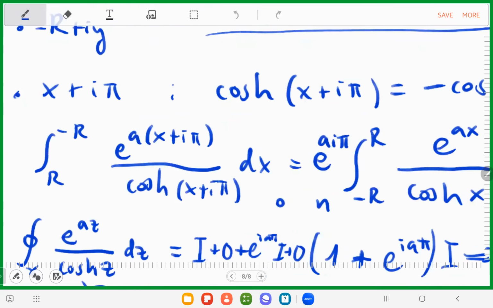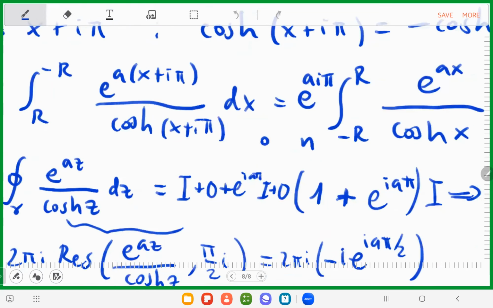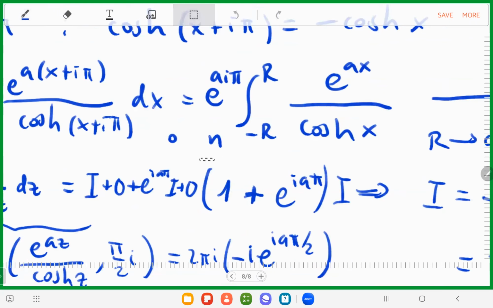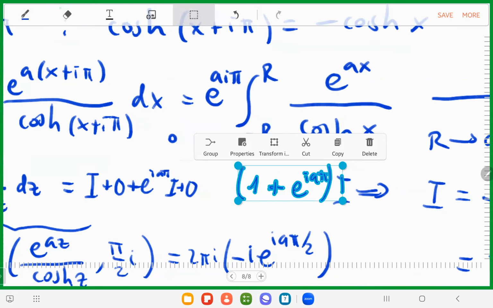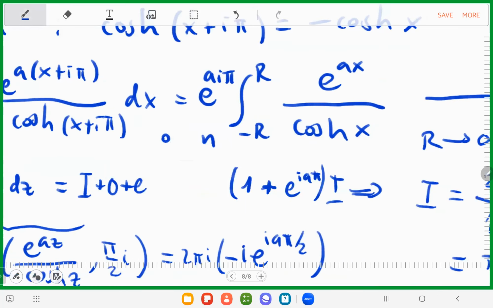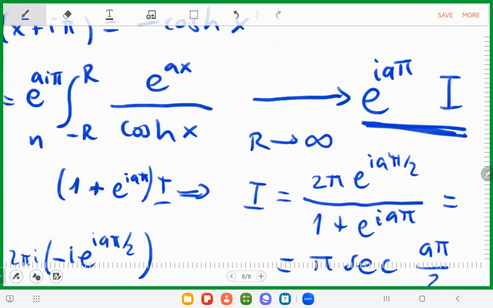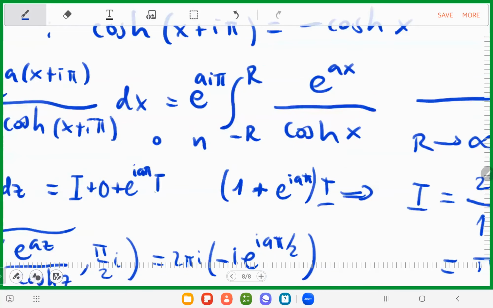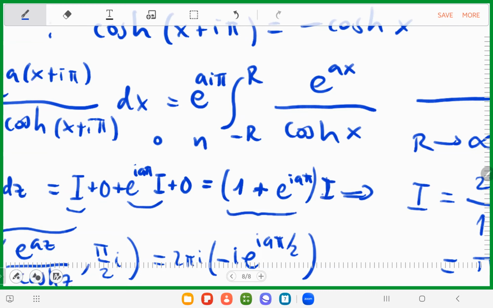So we can write it like this: I plus 0 plus the exponential of iaπ multiplied by I plus 0. And then I put together the 1 from this and the exponential of iaπ from this, it is just the sum. Sorry, this is an I. Is it clearer now?